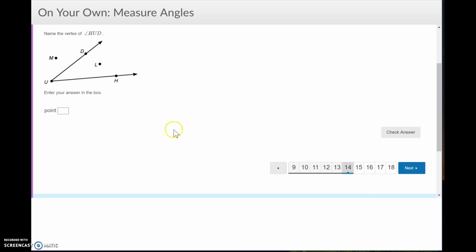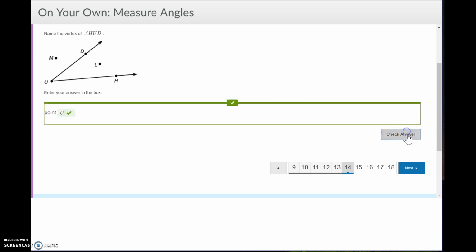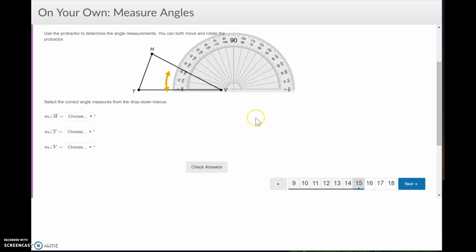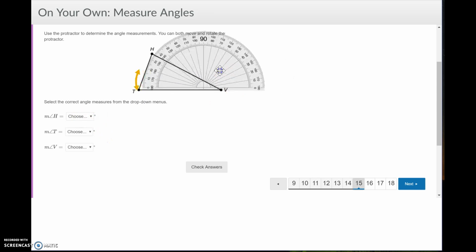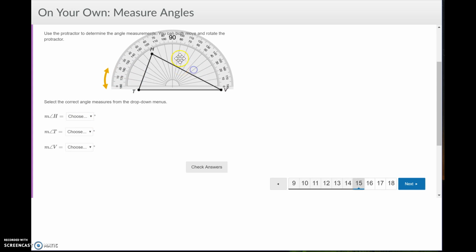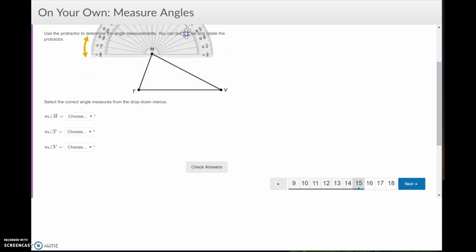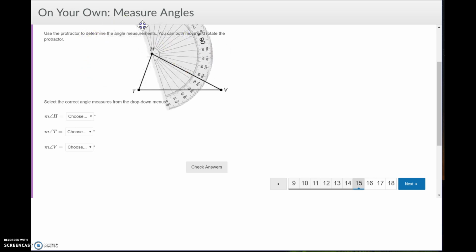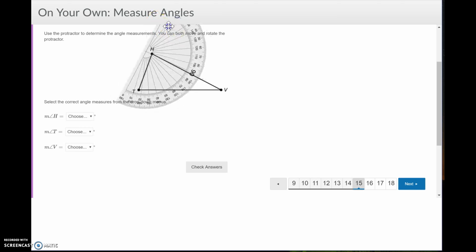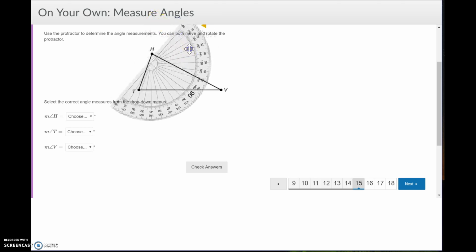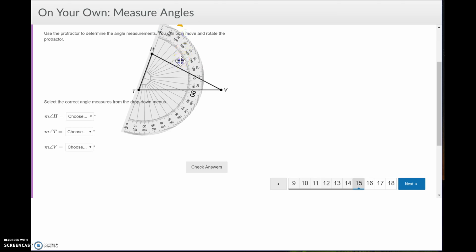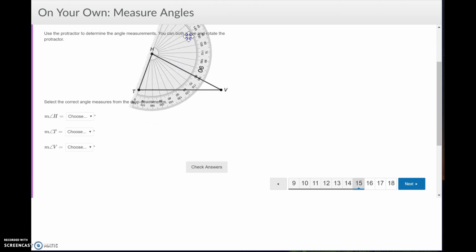Doing good. Name the vertex. The vertex is where the two rays meet. That is point U. All right, now just measure these angles. So we're just going to do one on this one. That way we have time to do all of these. So you can move it up here, put it on the point, use this to get that right on 0.